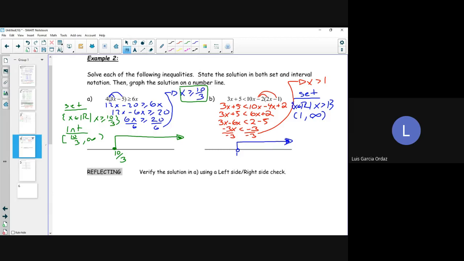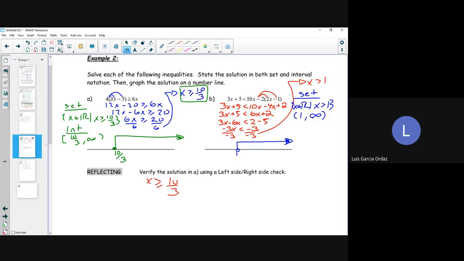So now we need to check if our work is actually right. Okay, so this is where checking if the left side satisfies the right side comes into play. So we're going to verify the solution in example 2a using a left side and right side check. Our solution to 2a was x is bigger than or equal to 10 over 3.